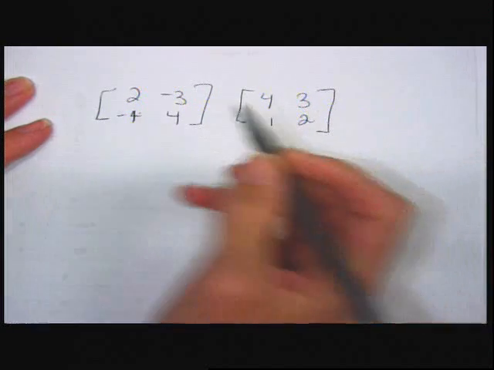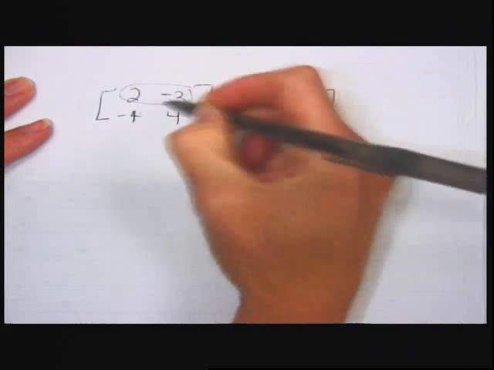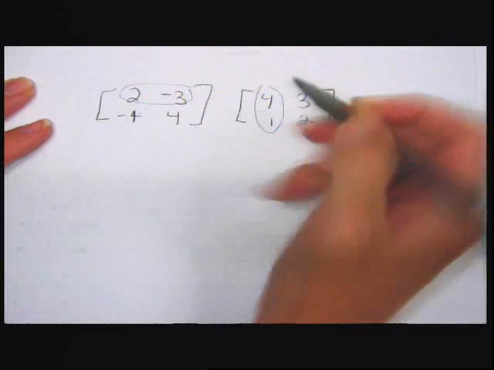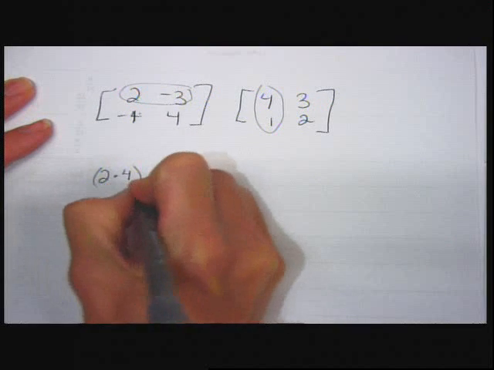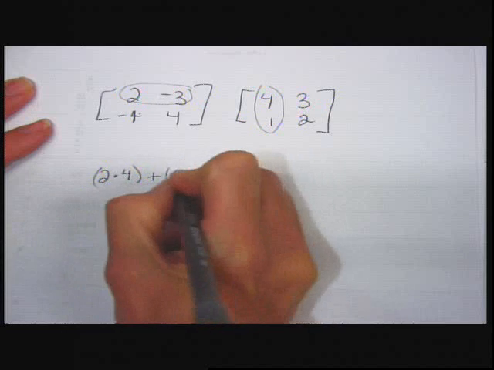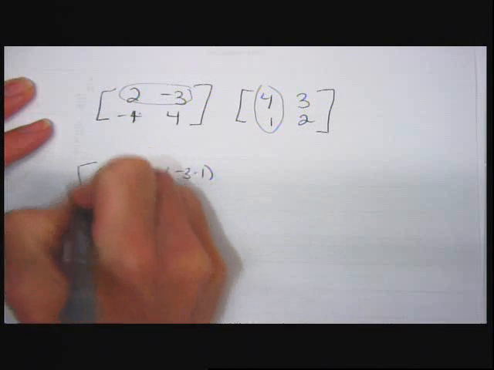And so remember, to multiply matrices, you take this first row and you multiply its corresponding terms by that column, and then you add them together. So you're going to do 2 times 4 plus negative 3 times 1, and that's going to go in that first element.